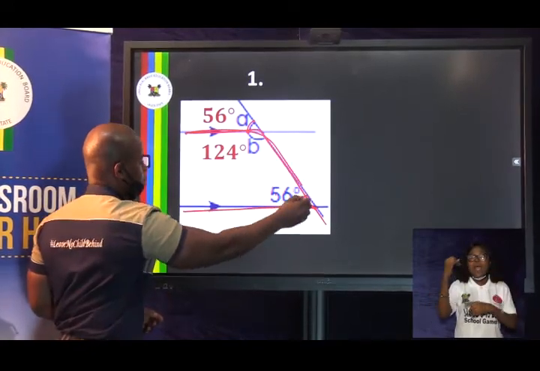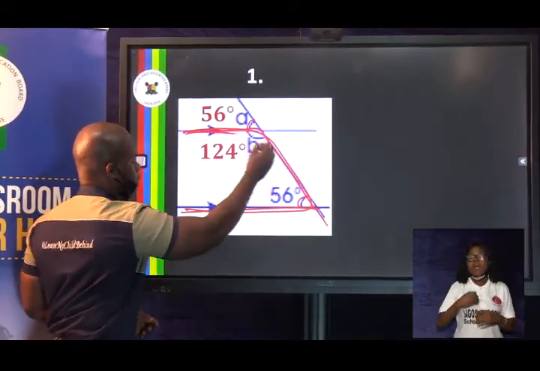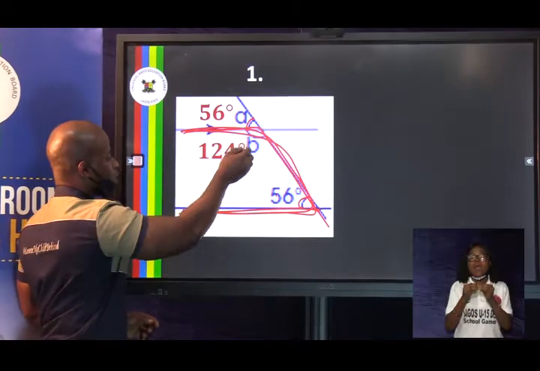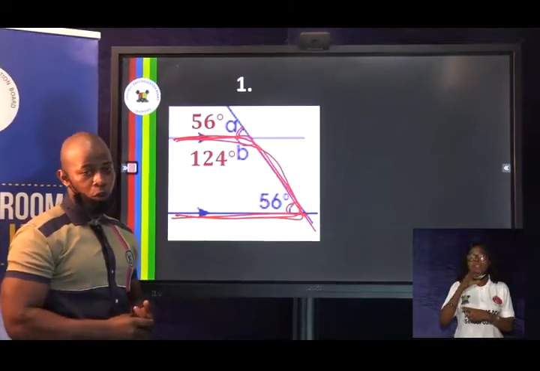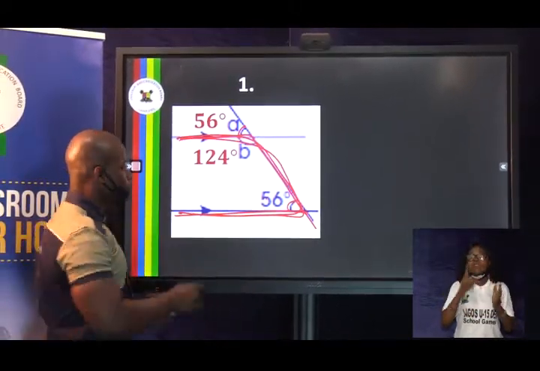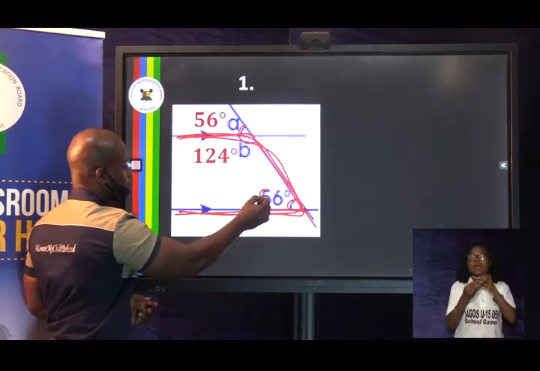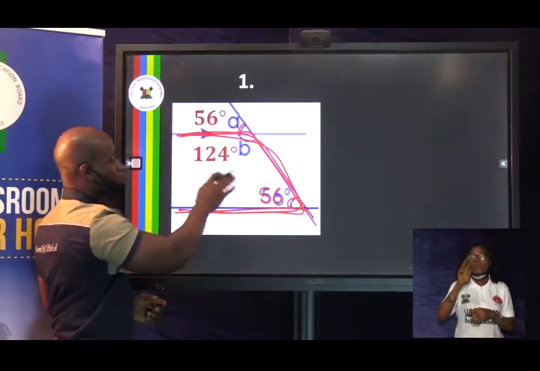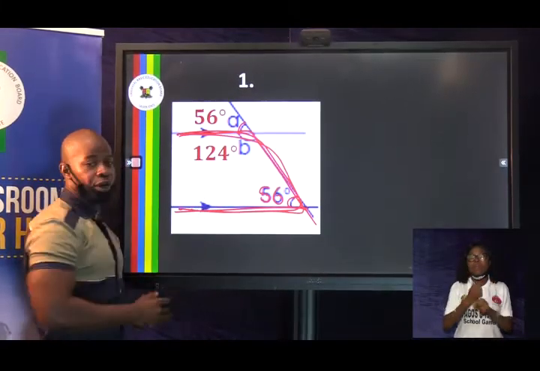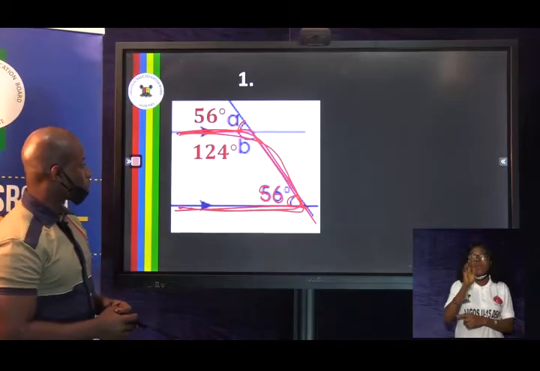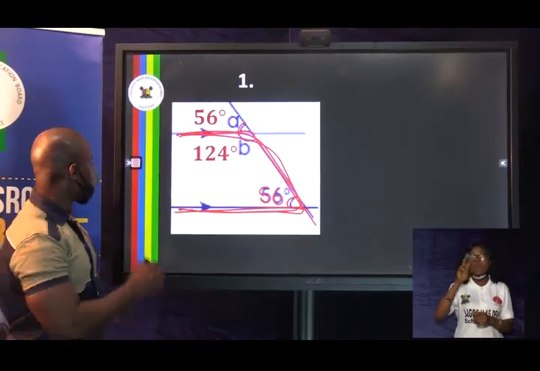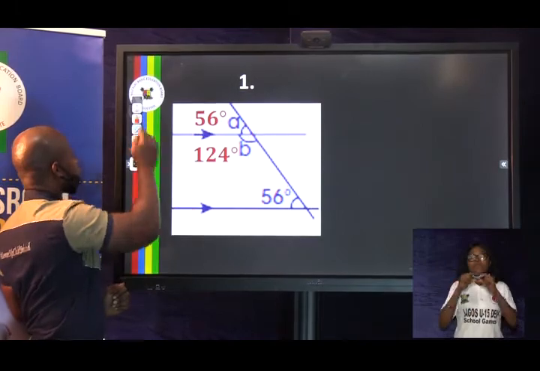This, my friend, is the U. And so B and 56 will add up to 180 degrees. So if this is 56 already, then I will have to add 124 to it to make 180 degrees. And that is why A is 56 and B is 124.